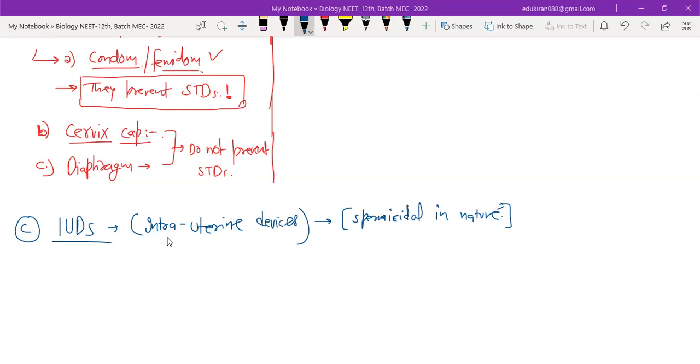So write down IUDs. Now, these IUDs are of many types. In NCERT it's given as a paragraph, so let's write it as types. The first type of IUD is non-medicated IUD.